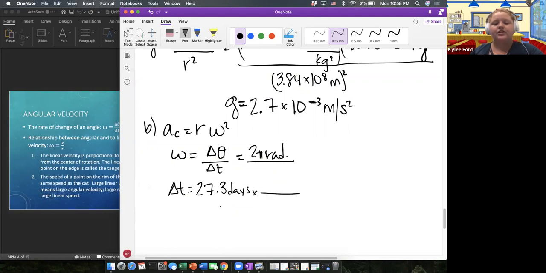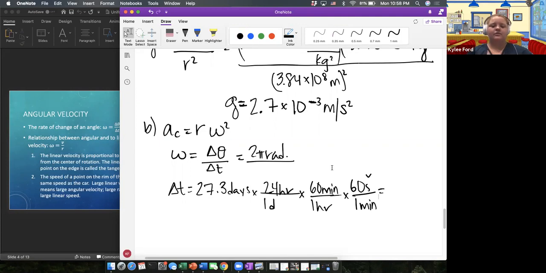So first we need to go from days to hours. In one day, there are 24 hours approximately. In 1 hour, there are 60 minutes. In 1 minute, there are 60 seconds. Okay, so now we're at seconds.